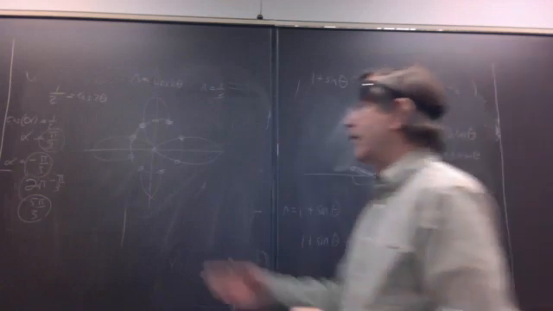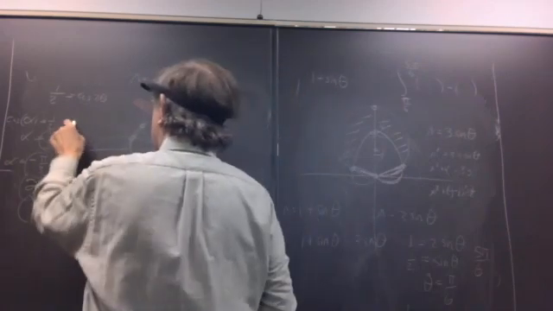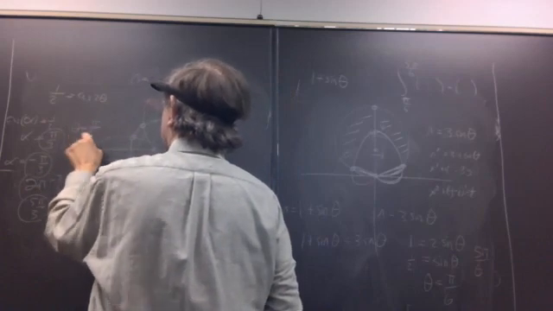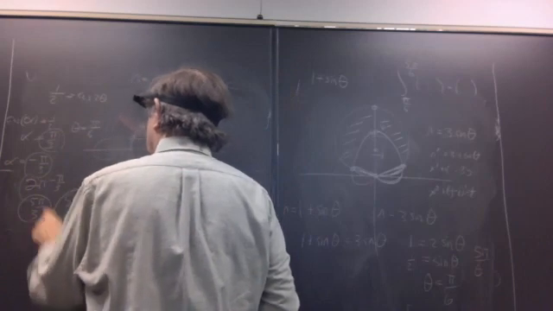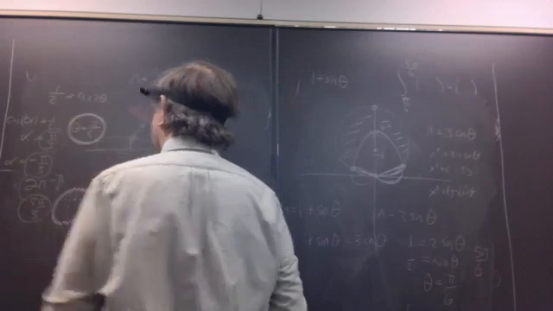Now, I don't have alpha, I have 2 theta. So theta is going to be pi over 6, or 5 pi over 6. So I'm making this a little heavier. These are 2 answers to my problem.